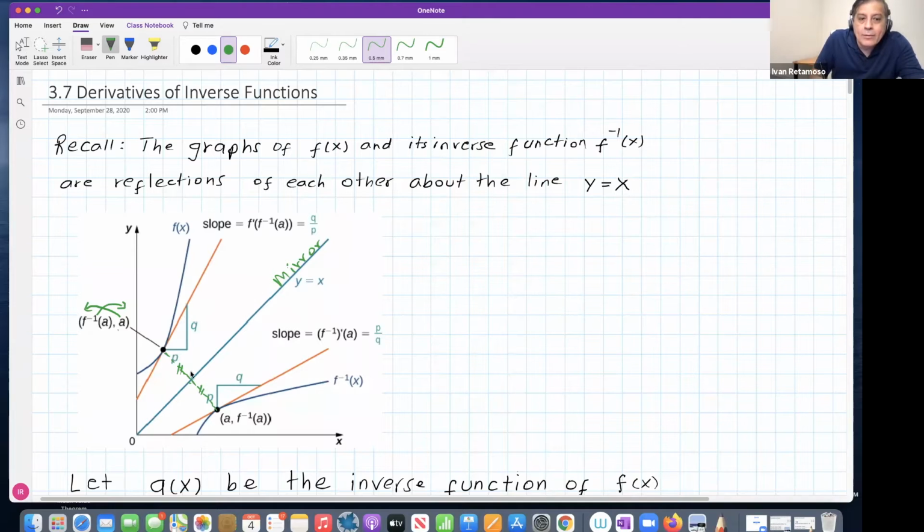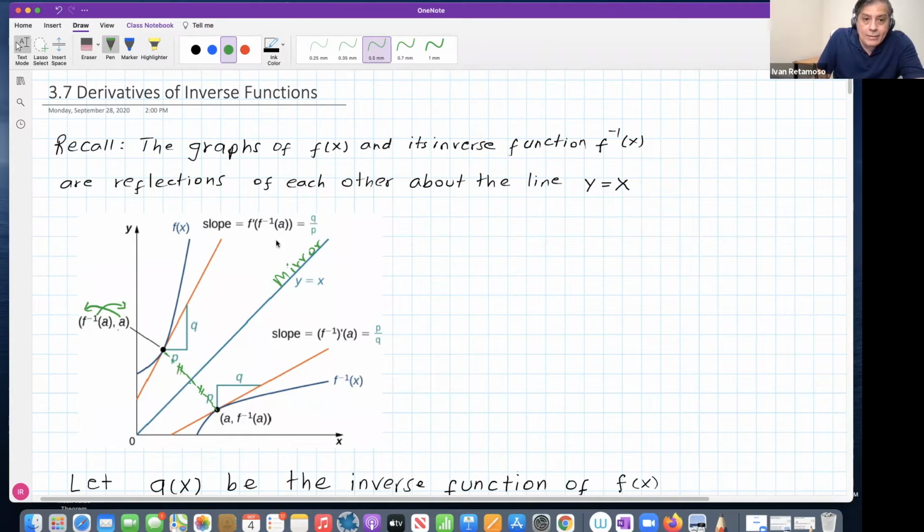Somehow the slopes are reciprocals of each other. So the slope here was Q over P, the slope of the tangent line. Over here, the slope is P over Q. Reciprocals of each other.